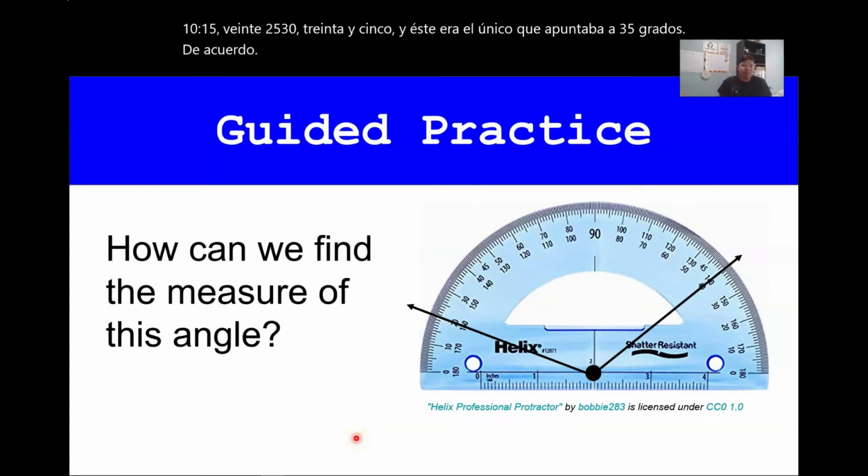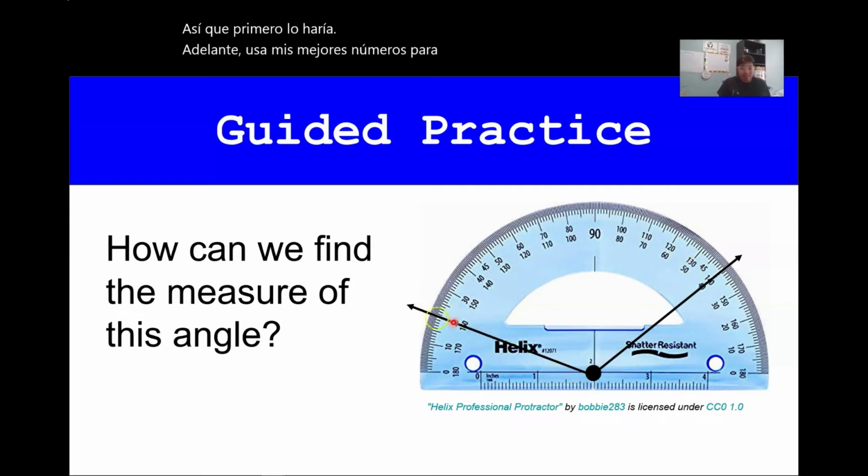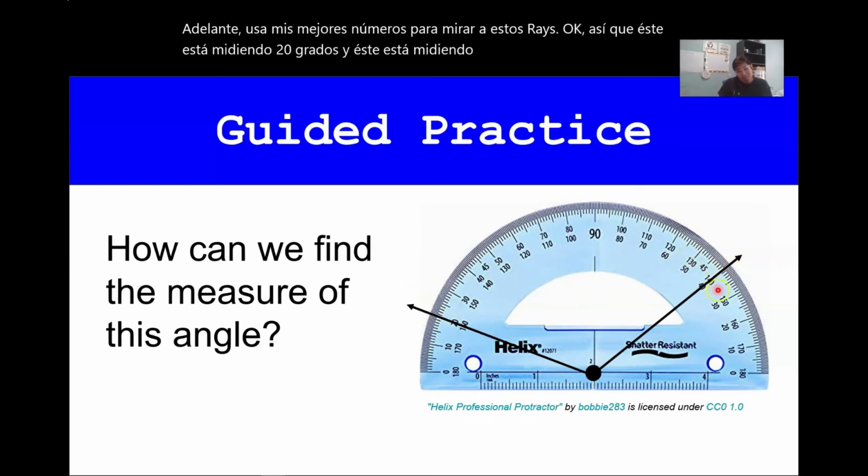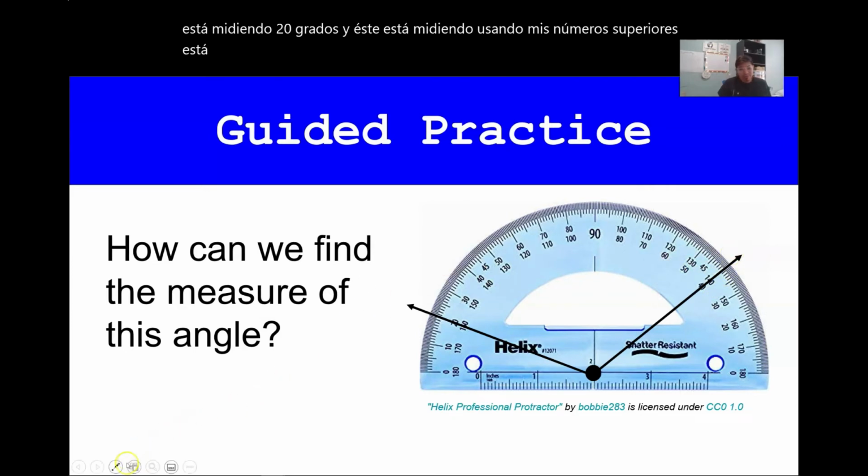How can we find the measure of this angle? So first I would go ahead and use my top numbers for looking at these rays. So this one is measuring 20 degrees, and this one, using my top numbers, is measuring 140 degrees.